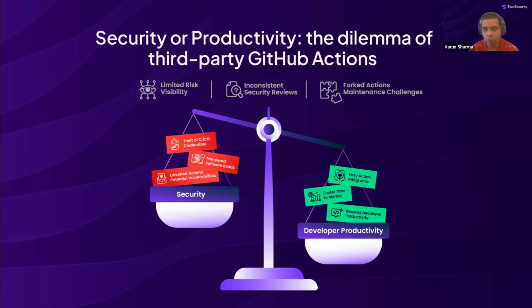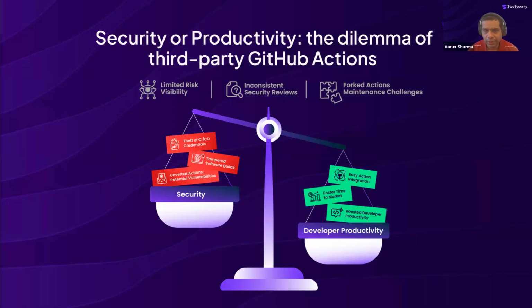And so the security team is worried that the use of these actions may lead to compromise of the CI/CD credentials, which then have access to the cloud environments or package registries, or it may cause tampering of the builds.